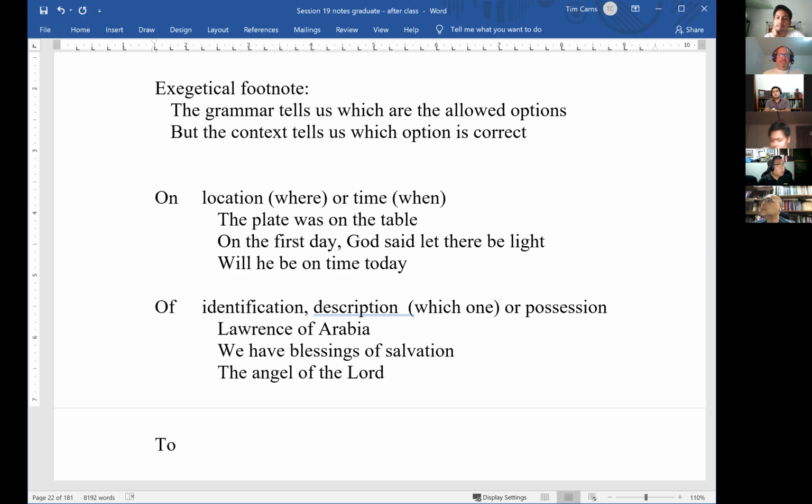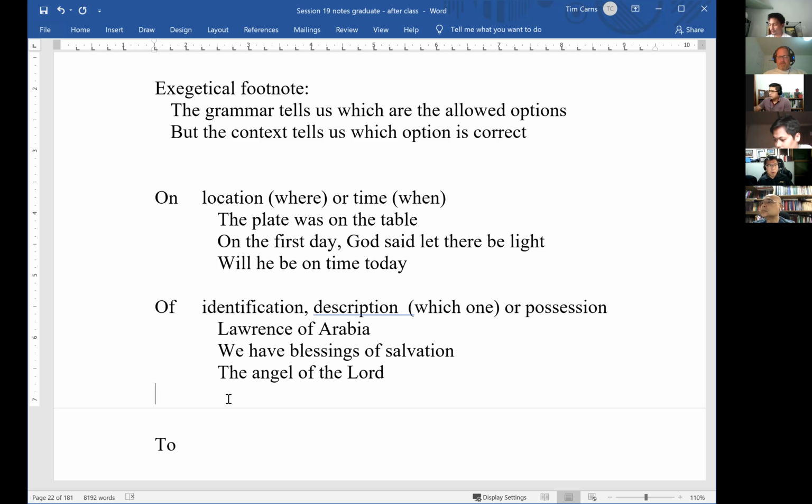Something like that. Okay. Anything else come to mind? Tower of Babel. Yeah. So that would be, again, which tower?